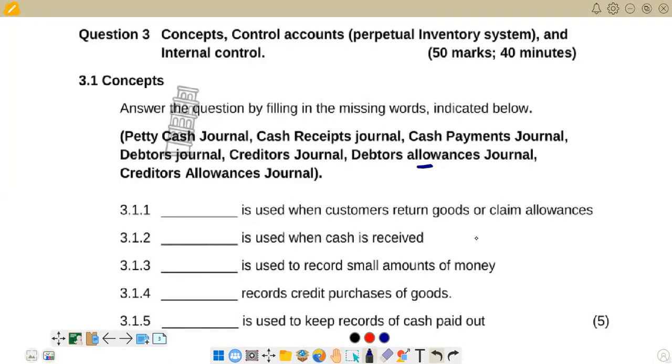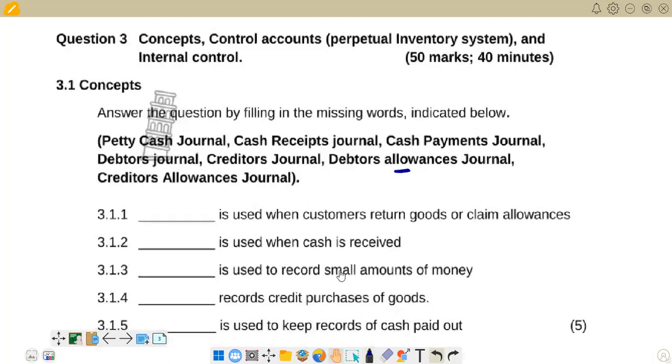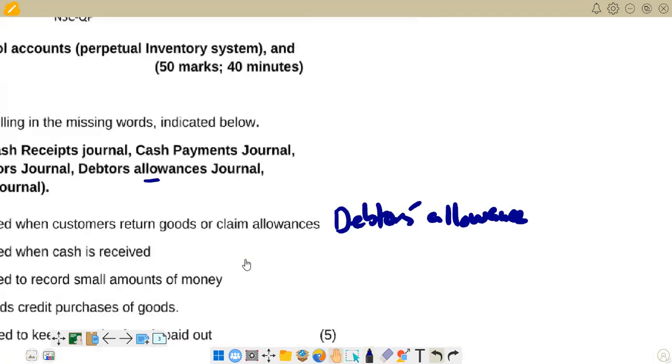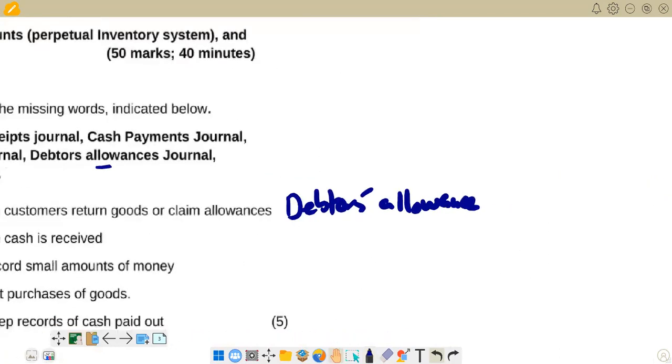Maybe we can write just in front of it there to indicate that this is the debtors allowance journal. So 3.1.1, we've got debtors allowance journal.